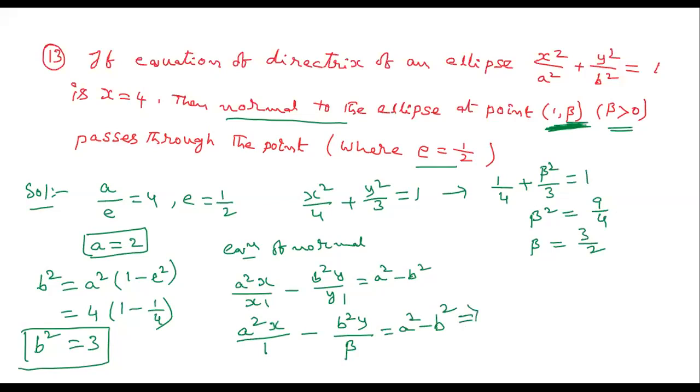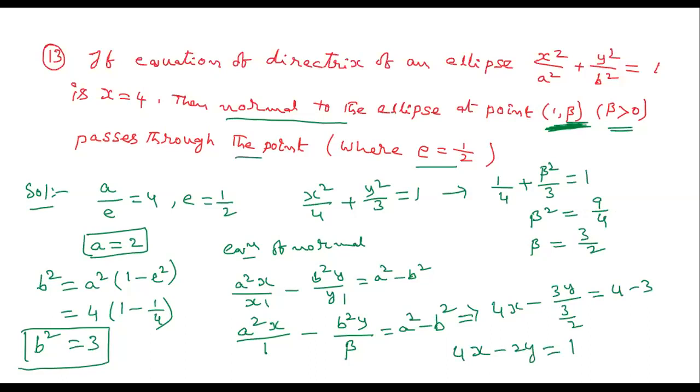Just substitute: a square value is 4x minus b square value is 3y divided by beta, that is 3 by 2, is equal to a square minus b square, that is 4 minus 3. Finally, we get 4x minus 2y is equal to 1. This is the equation of normal.